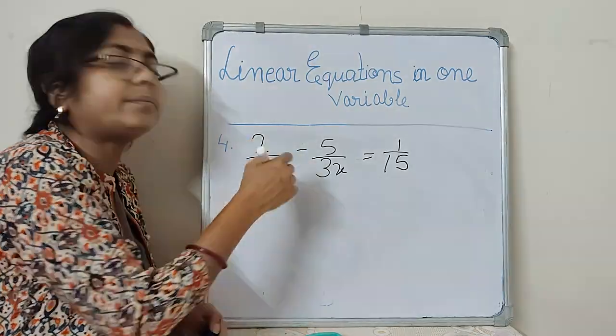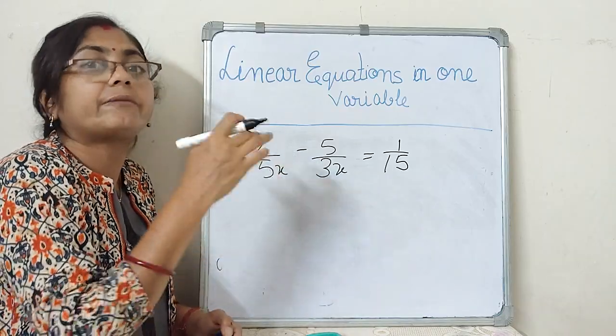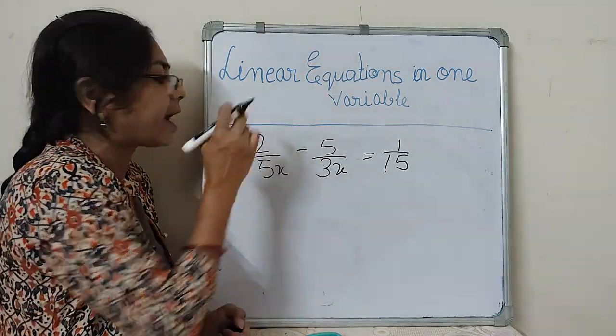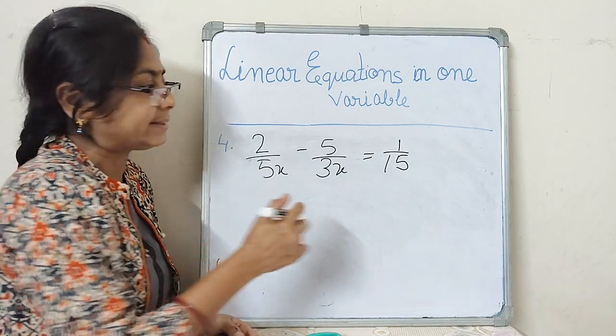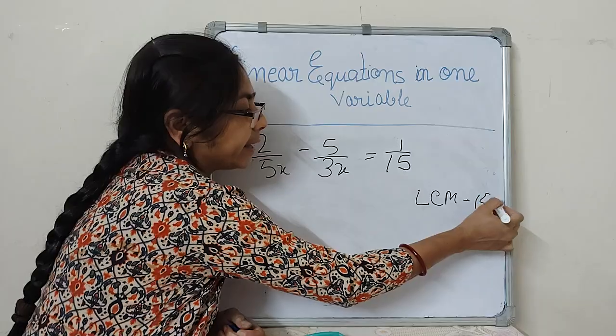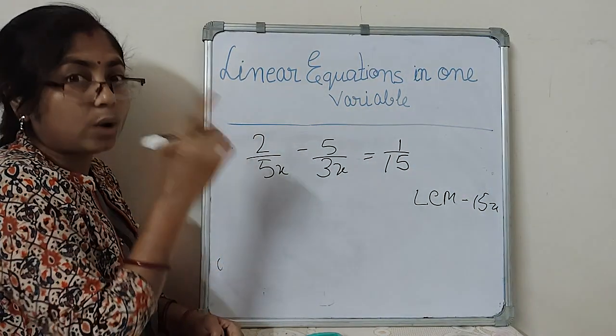Look here, the variable is in fraction form and the variable is down. In that case, what are you doing? For 3x and 5x, you find the LCM. LCM equal to 15x. Clear? Then how can you do it?